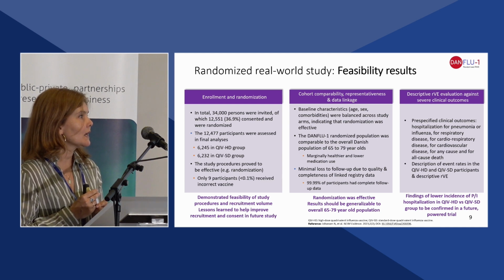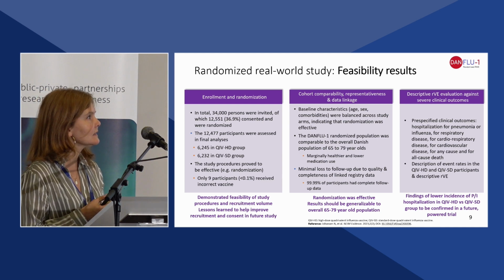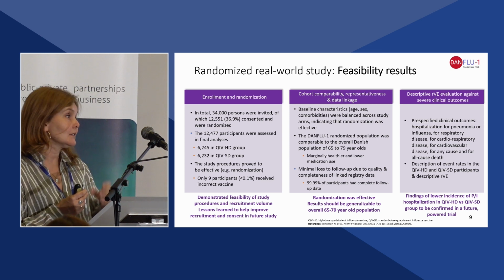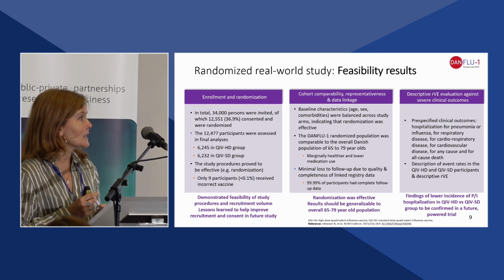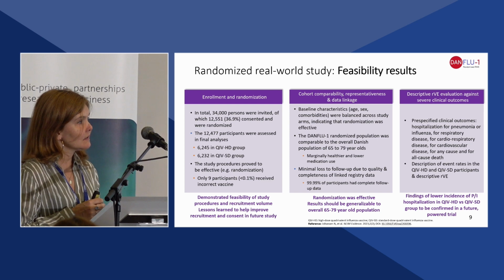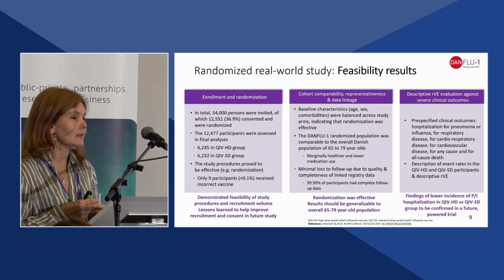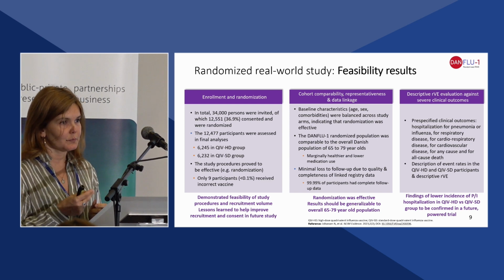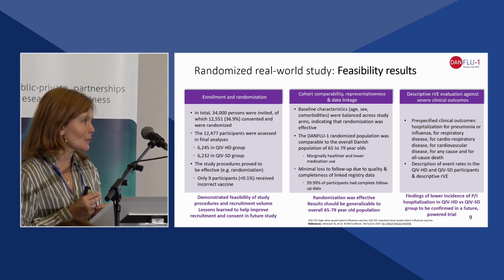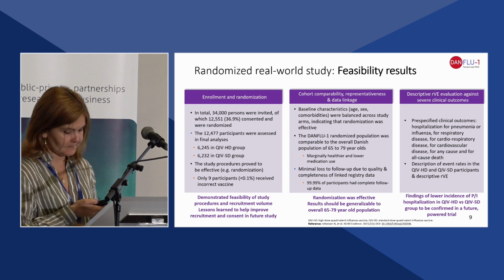So what we have observed is that the finding of the lower incidence of pneumonia and influenza hospitalization in the high dose versus standard dose group is something that, of course, needs to be confirmed in the future, but shows a good trend.